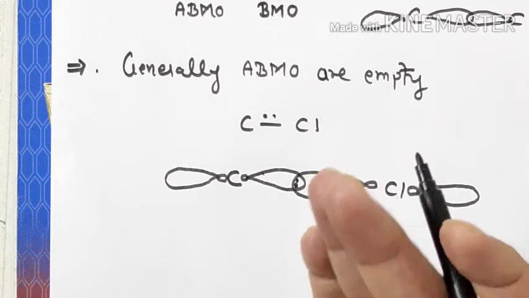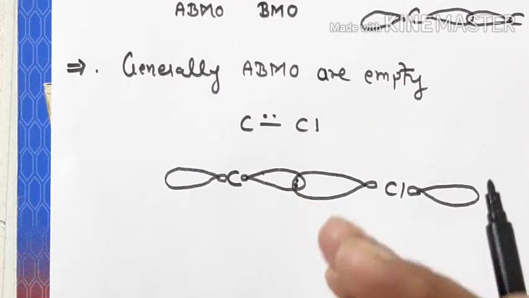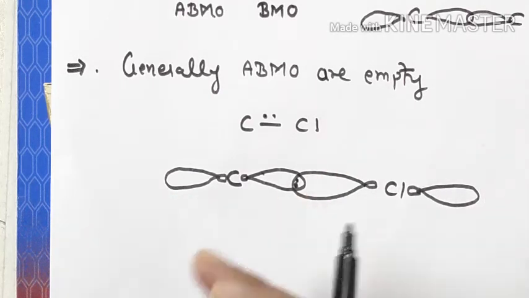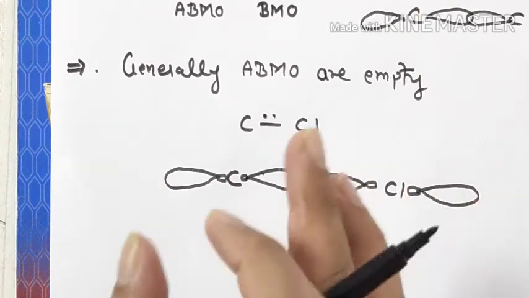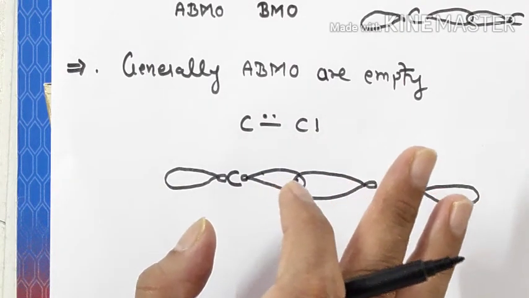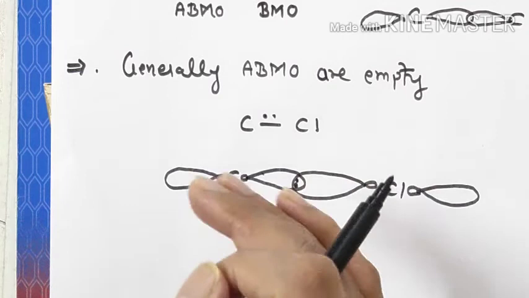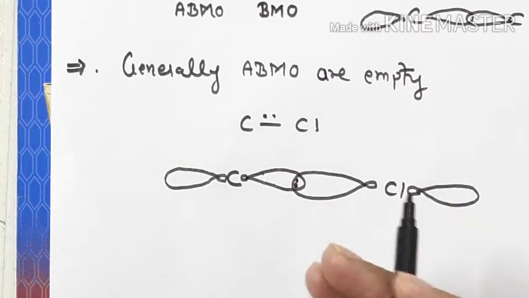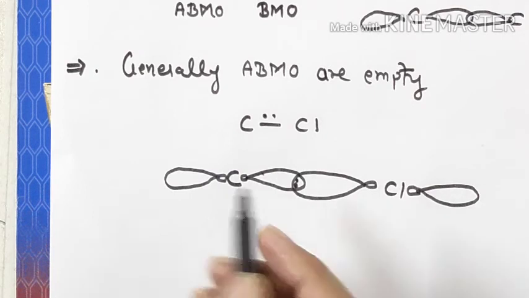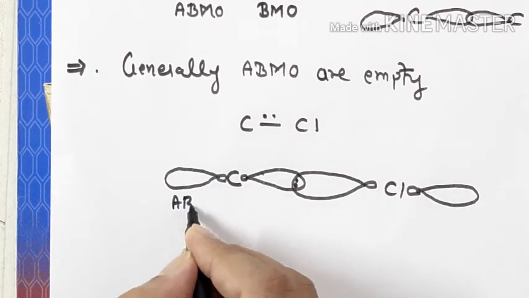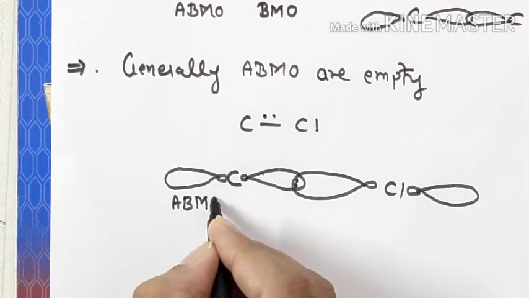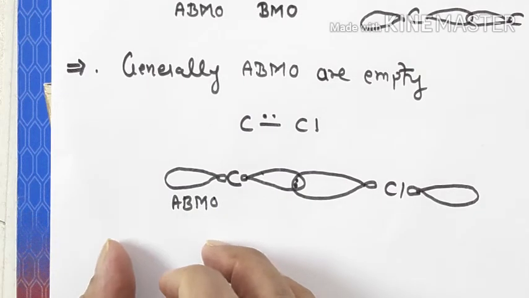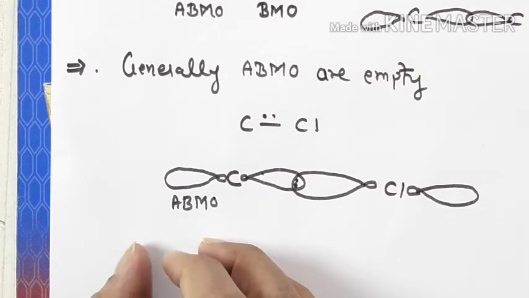So what is the use of that? These empty anti-bonding orbitals are used when the reaction takes place, and this is the most important part. We have to understand this. Whenever a reaction takes place, these anti-bonding molecular orbitals play a very, very important role.